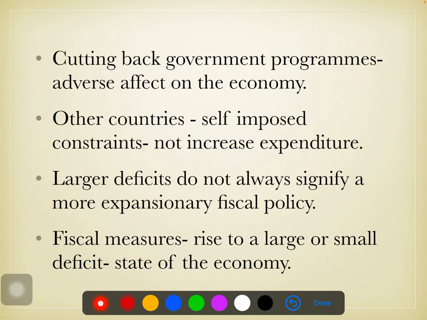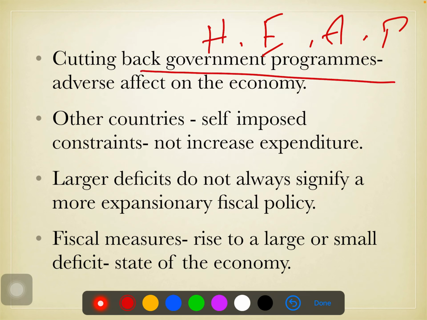Cutting back government programs in vital areas, like agriculture, education, health, poverty alleviation. If we started cutting down education, the agriculture sector, poverty alleviation and the health sector, we can think of cutting off these programs.